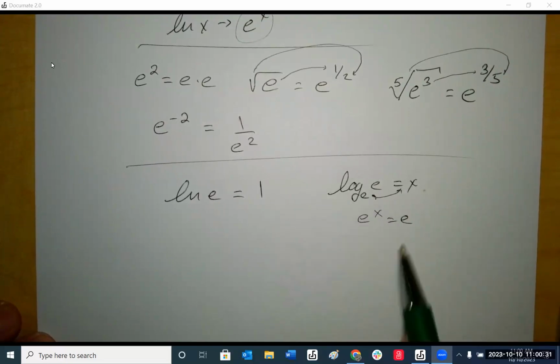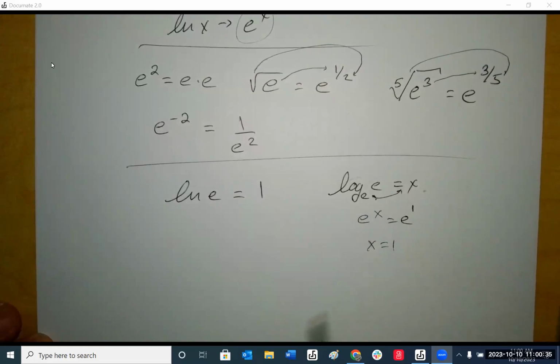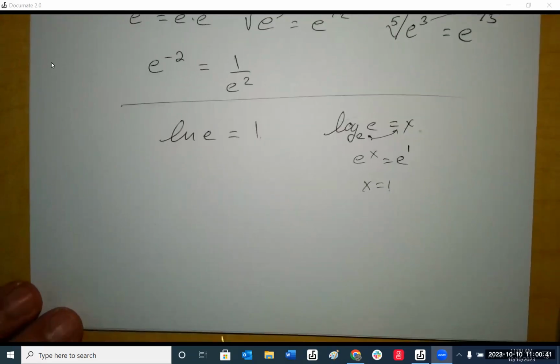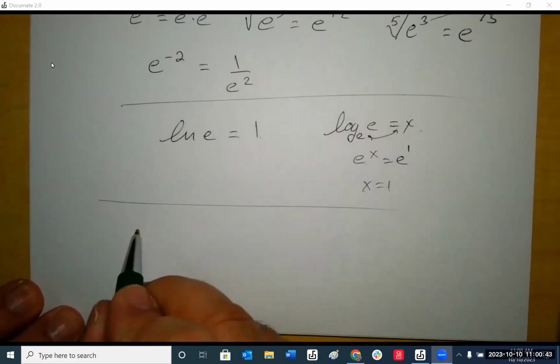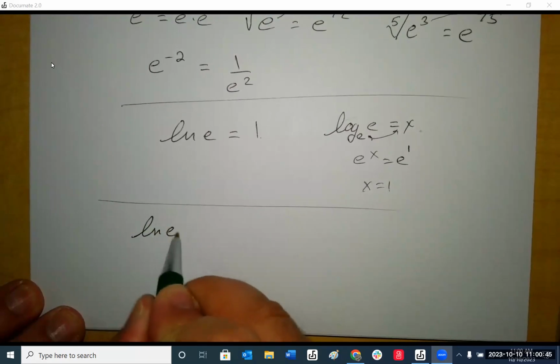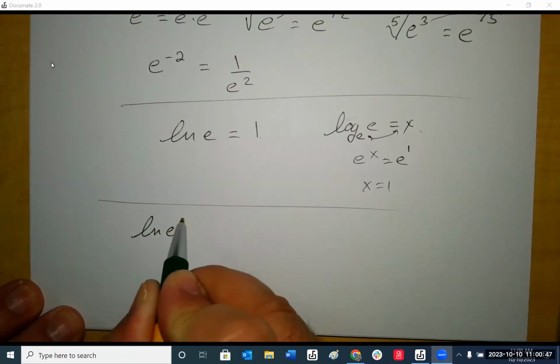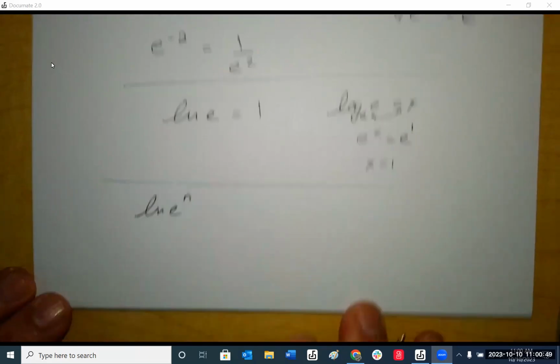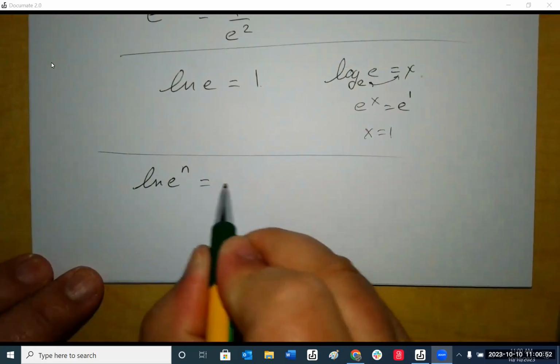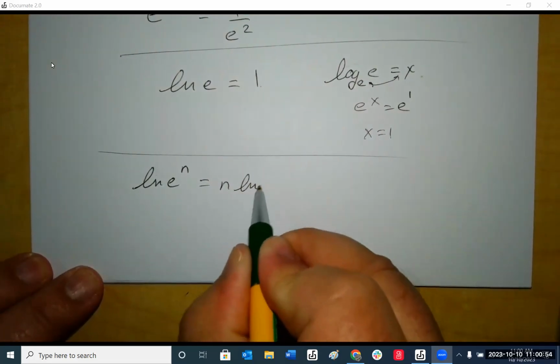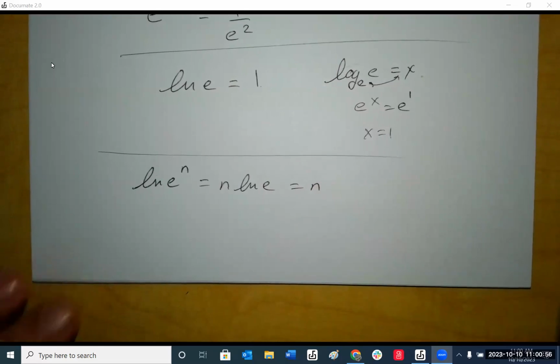The log drops off. And the only way they can be equal is if x equals 1. So it equals 1. And the properties: ln e to the power n is n ln e, which is just n.